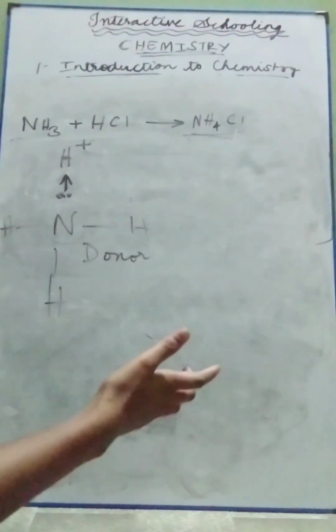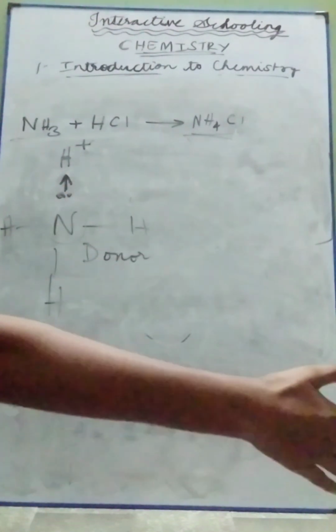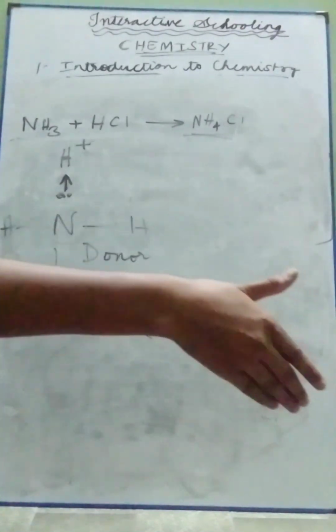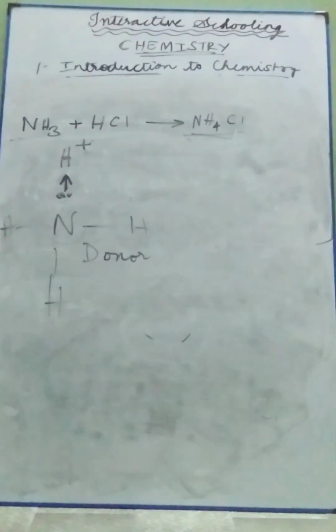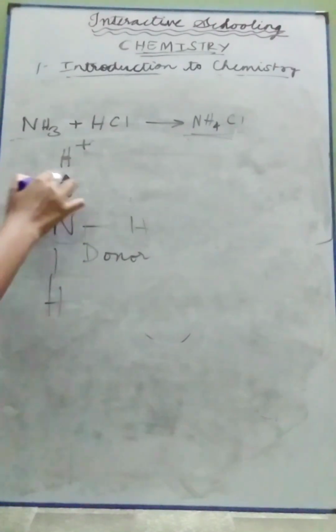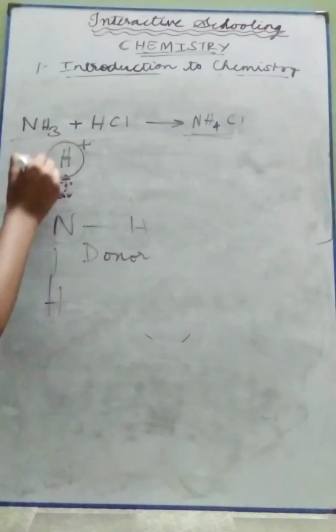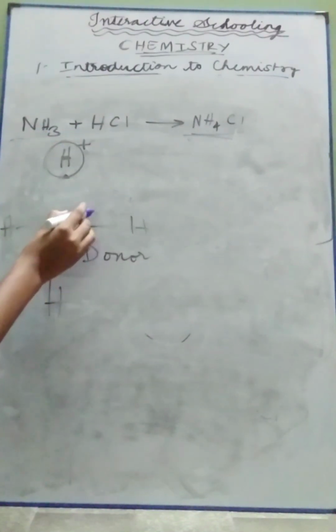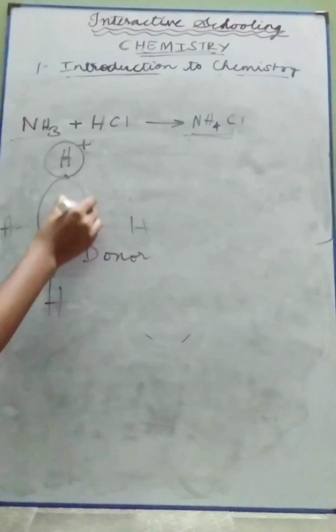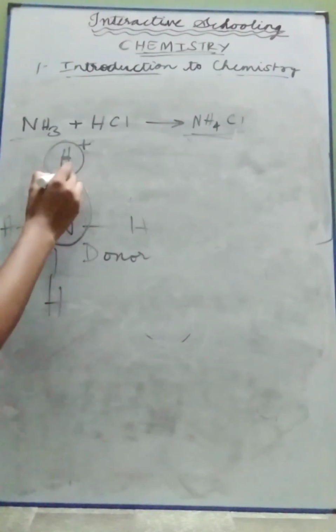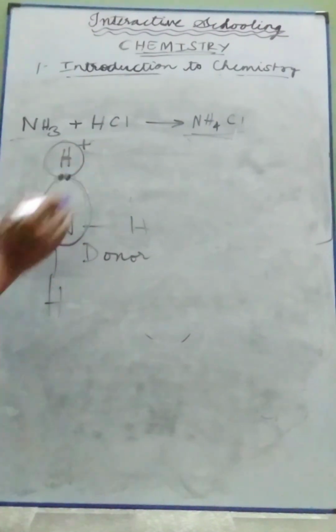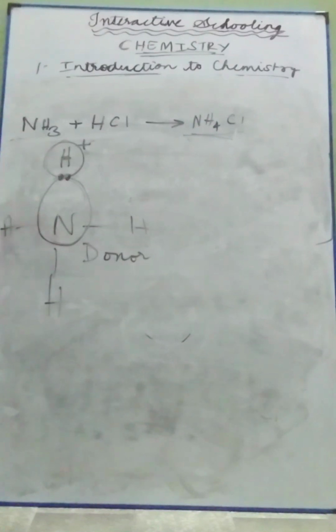I'm not losing my hand. I'm only giving it to him, like touching my brother's arm. So like that, if this is nitrogen's valence shell, these 2 electrons will go and also become part of hydrogen's valence shell.